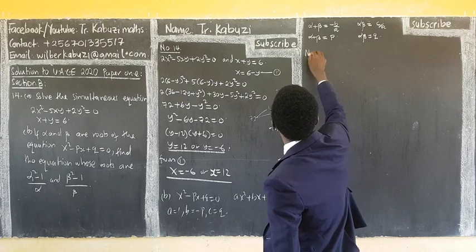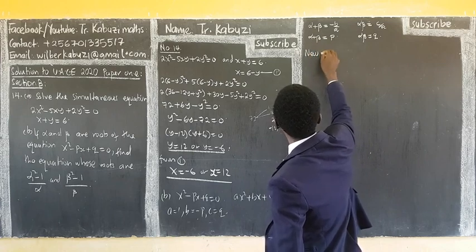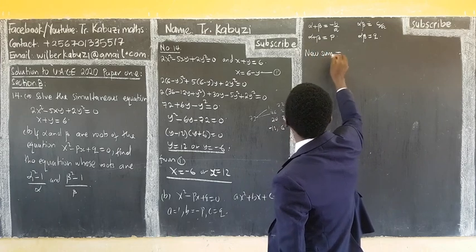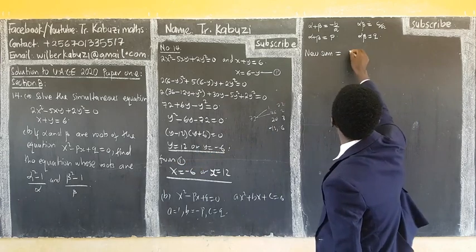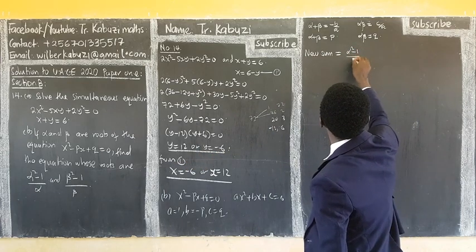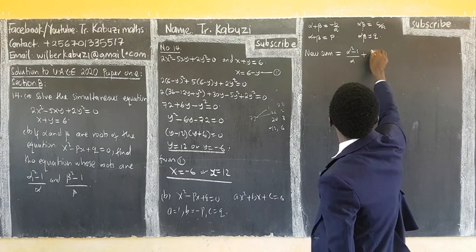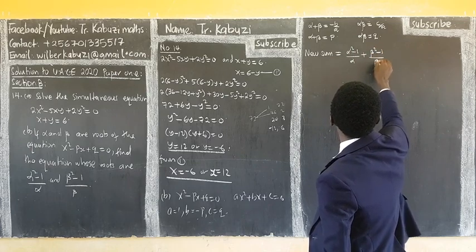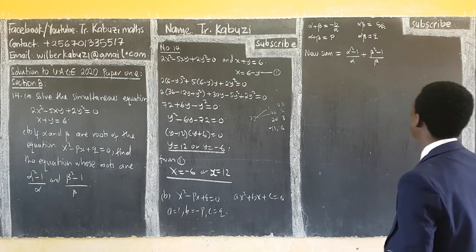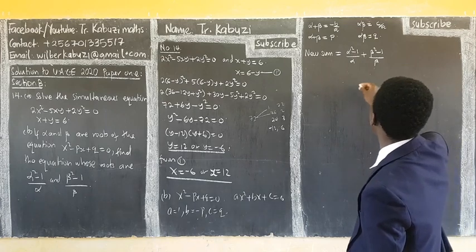So from here I come and say the new sum is going to be, now we add those two. So there it is, just cross multiply, and then we simplify.